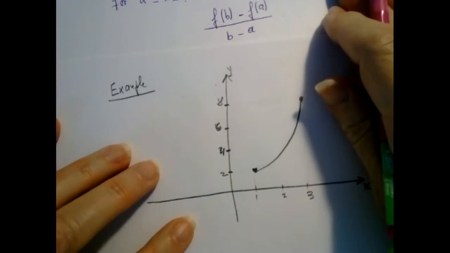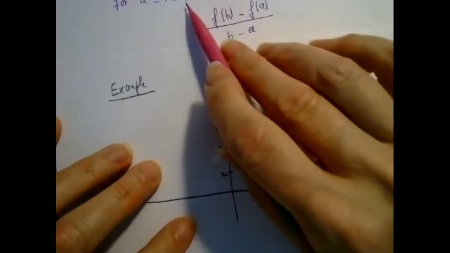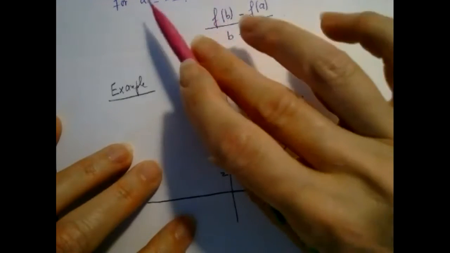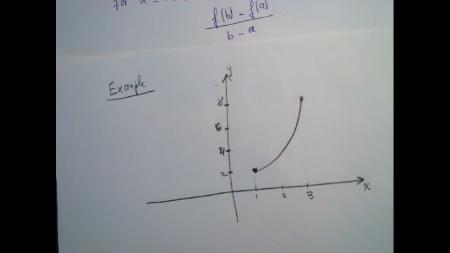The definition tells me that to do that, you have to compute f of b minus f of a over b minus a. So before I do this, let us get one thing straight. What is f of 3 in my picture?